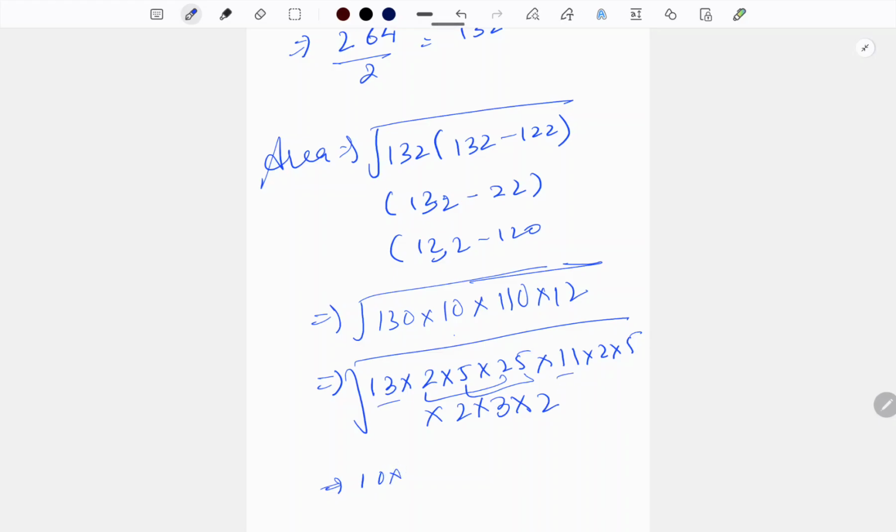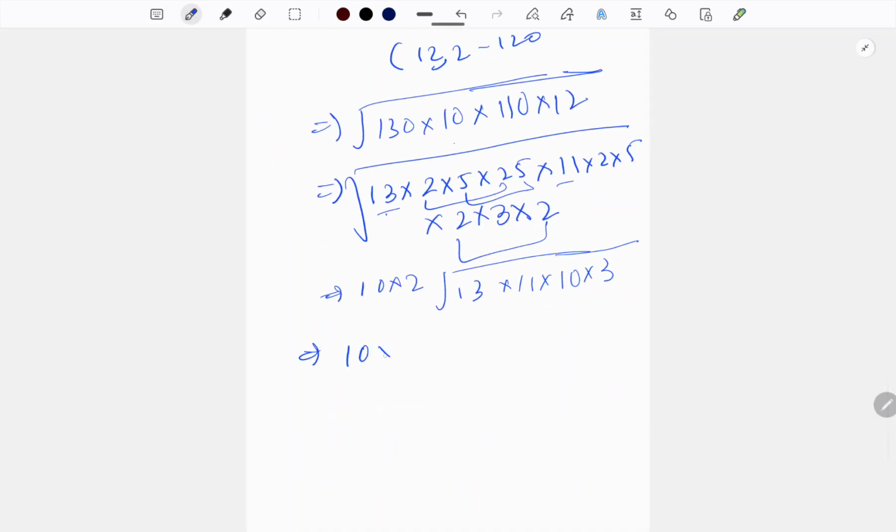Again 13 is not a pair. Again here 2 will come out, and again here 2 and 5 will be inside. So it will come 13 into 11 into 10 into 3.